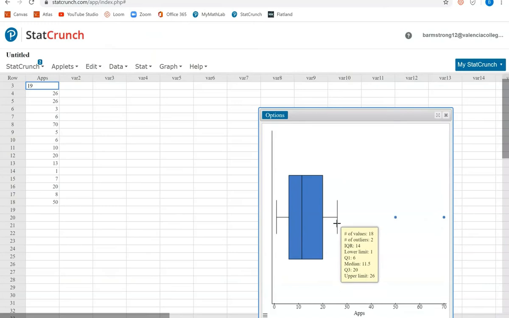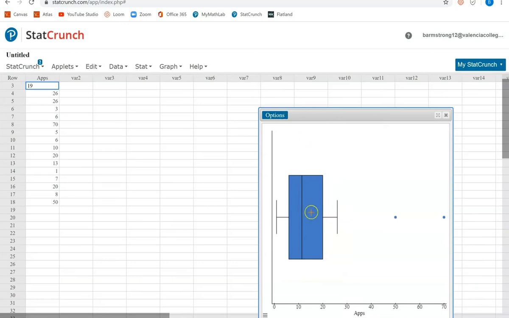The lower limit is 1, quartile 1 is 6, the median is 11.5, quartile 3 is 20. The upper limit was 26. That's the value I told you before, the largest value before the outliers. You can see all that information just hovering anywhere you want over it.